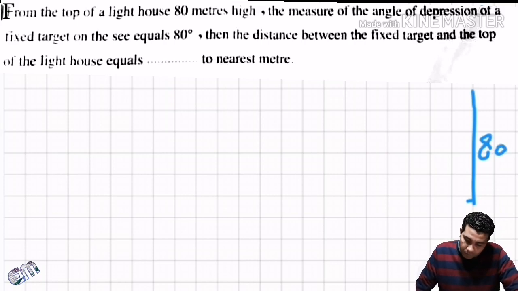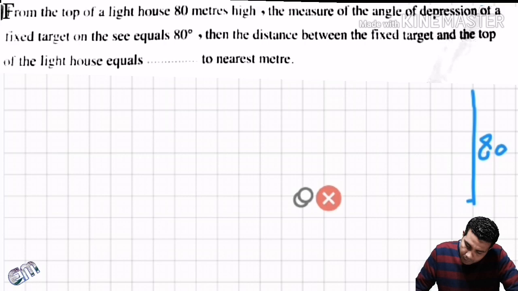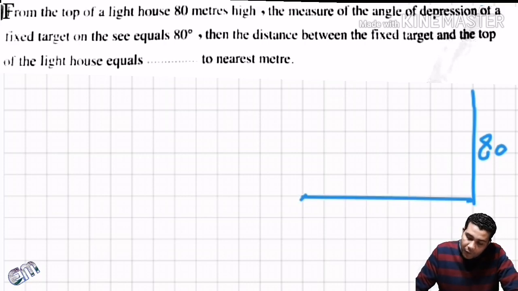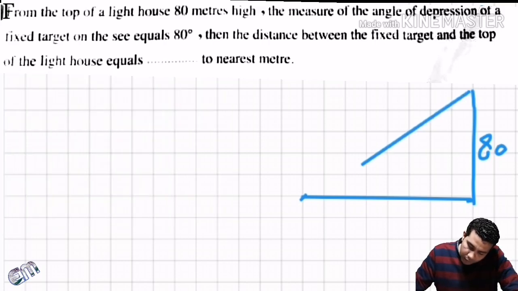its height equals 80, and if the fixed target point is here, draw the distance between the fixed point and the bottom of the lighthouse, and we draw the distance between the position of the person and the fixed target point.